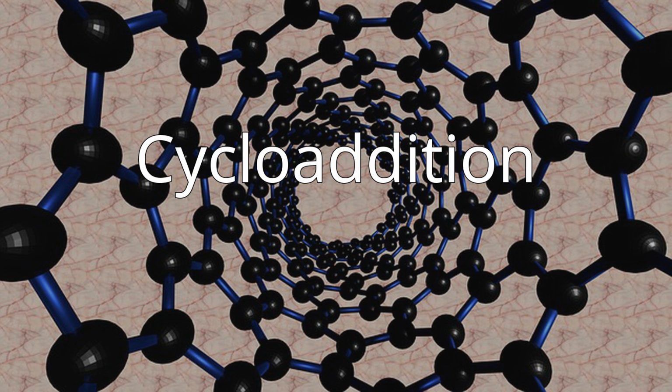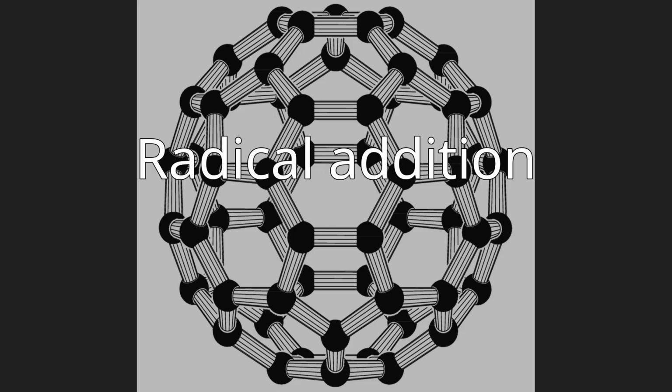The Diels-Alder cycloaddition reaction can occur especially on fluorinated carbon nanotubes. They are known to undergo Diels-Alder reactions with dienes such as 2,3-dimethyl-1,3-butadiene, anthracene, and 2-trimethylsiloxy-1,3-butadiene. Radical addition.